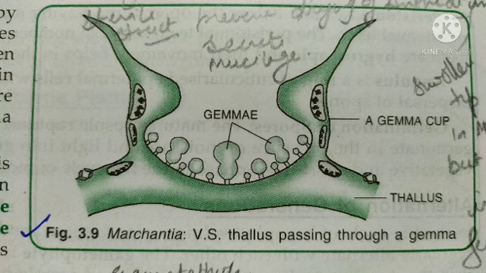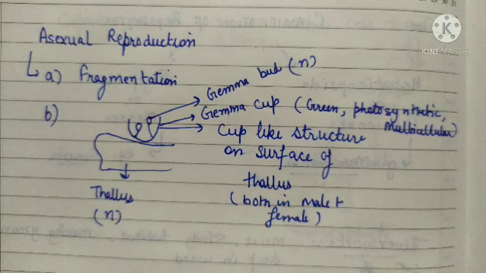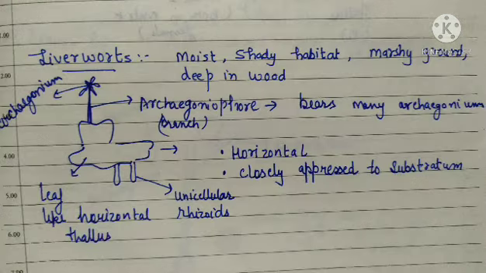In sexual reproduction you need to remember that the sexes are separate. We are doing here the example of Marchantia. So in Marchantia the sexes are separate, that is Marchantia is dioecious. So let us see how sexual reproduction takes place. If the vegetative thallus bears a branch that is referred to as archegoniophore, it means it is a female gametophyte.